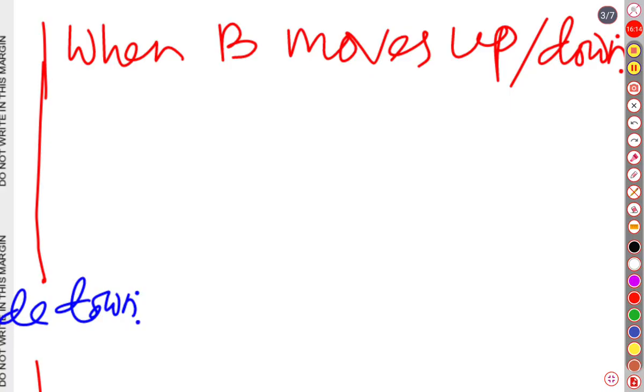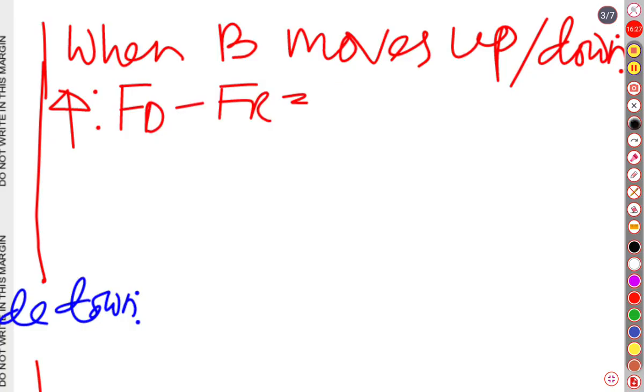The concept is, suppose we are considering this to be up. Then our concept is driving force minus resistance force is equal to mass into acceleration.